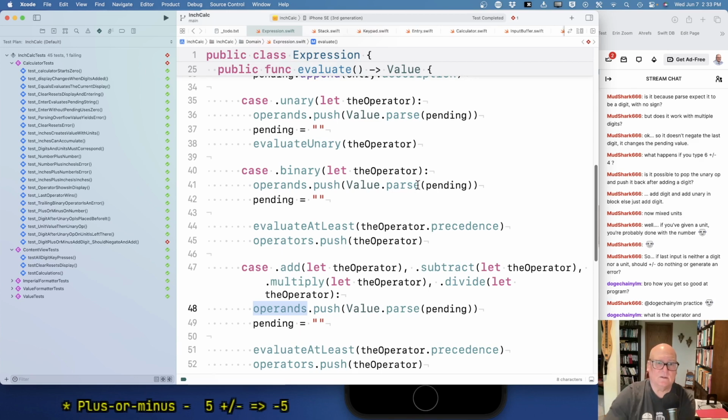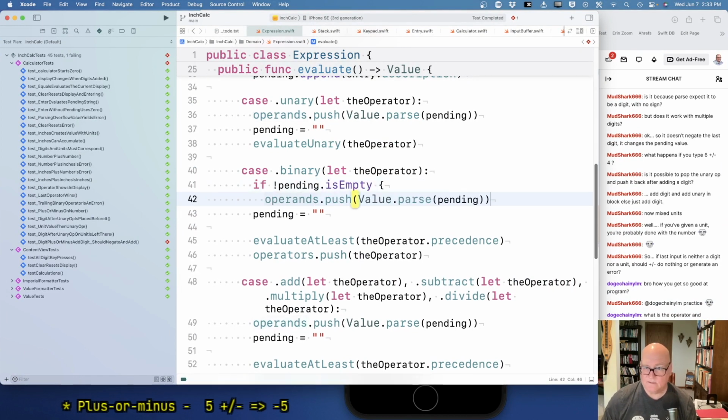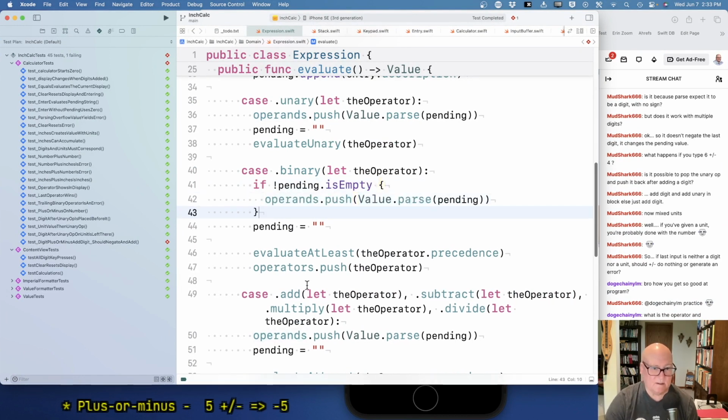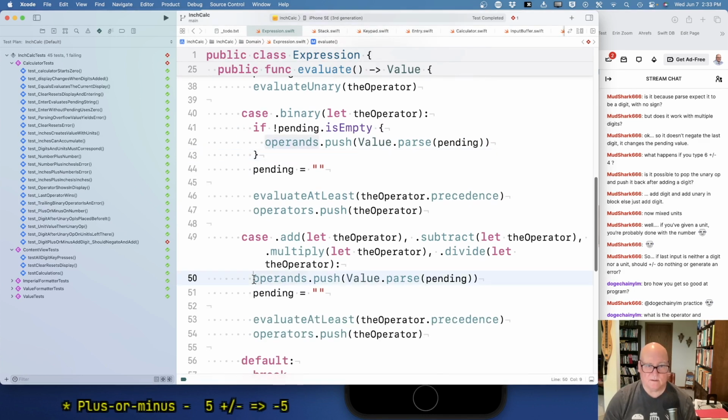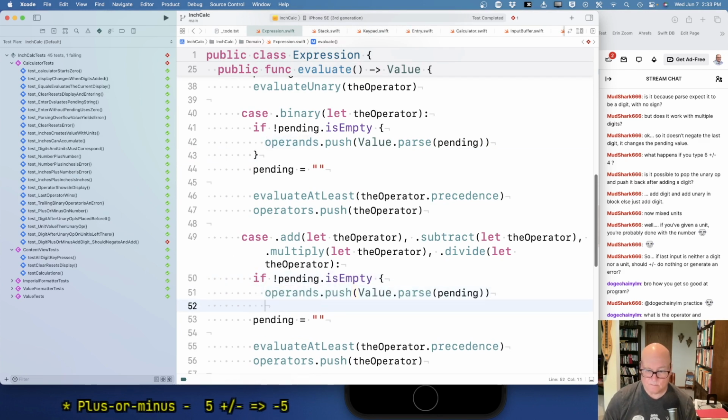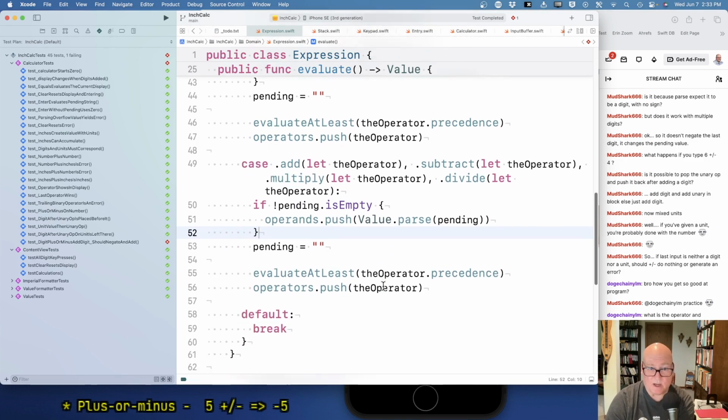All right. So I think the reason it's failing is in both these cases, it should, if not, pending is empty. And I kind of hate having these special cases, but I think they reflect what we need. Now we may be able to organize this more. Okay, so we're only going to push it if it's unprocessed.